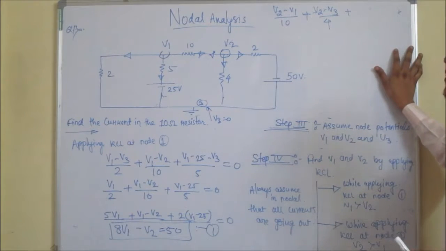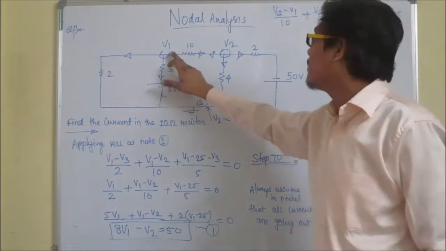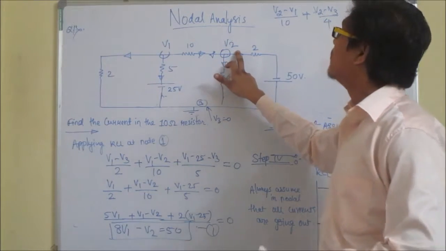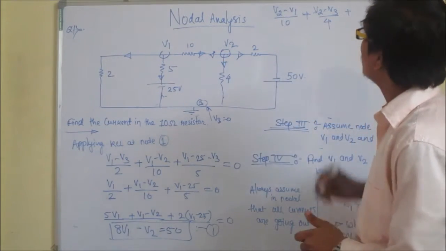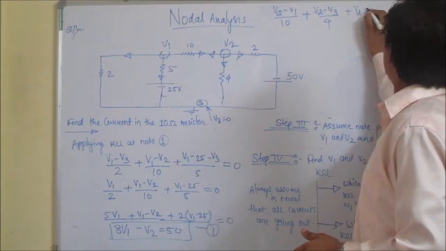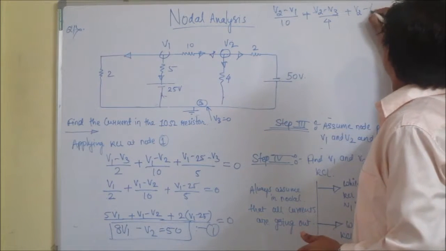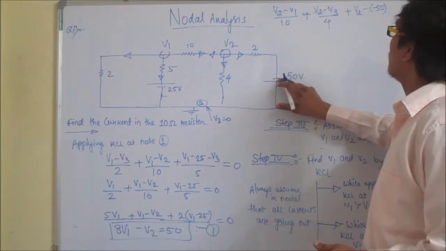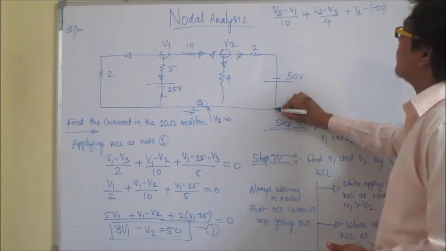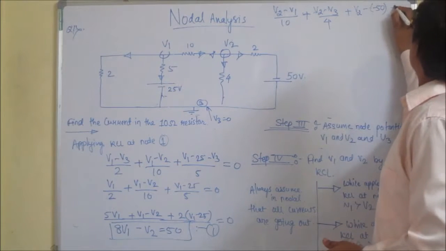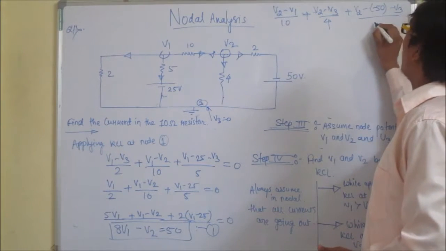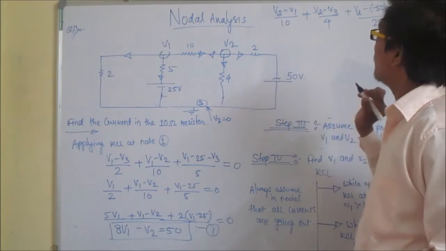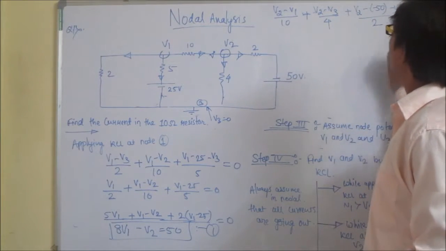Always remember what we had done earlier: V1 was greatest, here V2 is greater. Therefore, what I will write is (V2 minus 50)... because this is negative, no? Minus V3, here there is a V3, by 2, right, is equal to 0.